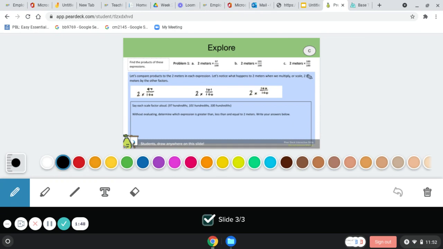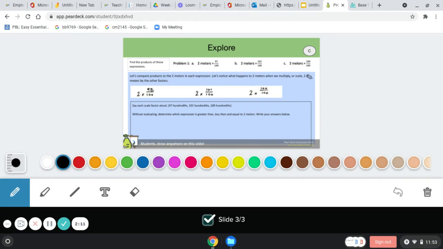So just by knowing that particular scaling fact, you can determine which one of these fractions is going to be greater than 2. So which one of these problems has a fraction that's greater than 1 whole? And how do we even know that?